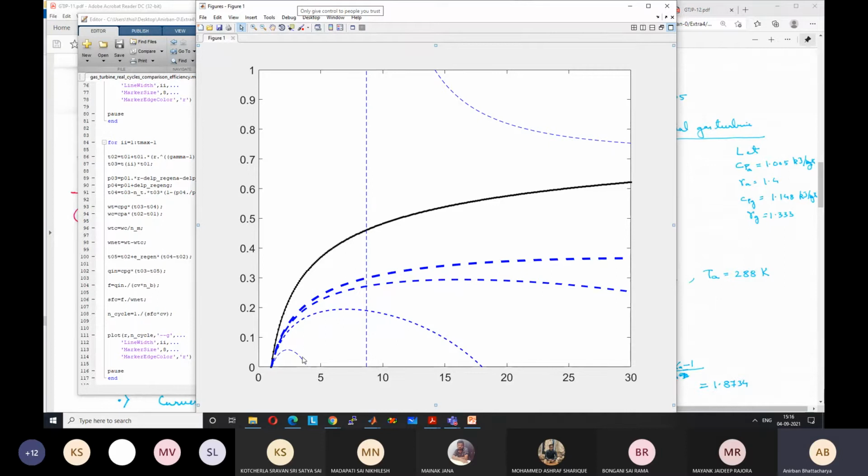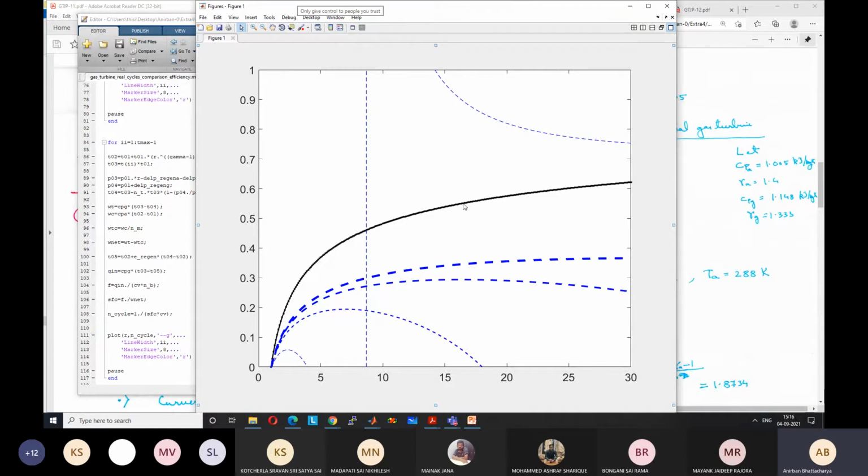And at one point, what will happen? The losses will become larger than whatever gain is obtained by increasing compression ratio. So ultimately, the efficiency again goes down. Okay, so that is why there is an optimum point.